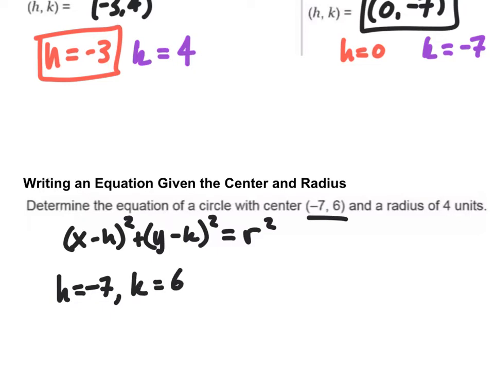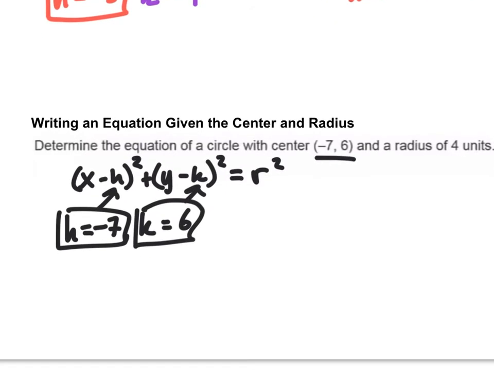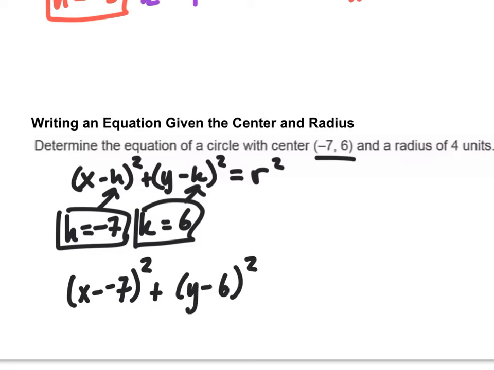Okay, so when I take these values and I plug them into the equation up top, kind of watch what happens. I'm just going to plug them in just as I see them, and I'm going to get the equation x minus -7 quantity squared plus y minus 6 quantity squared, and that's equal to, and I have a radius, my radius was equal to 4.